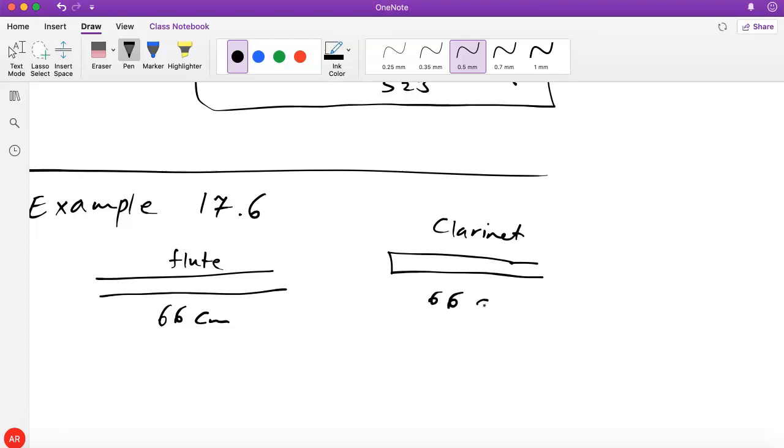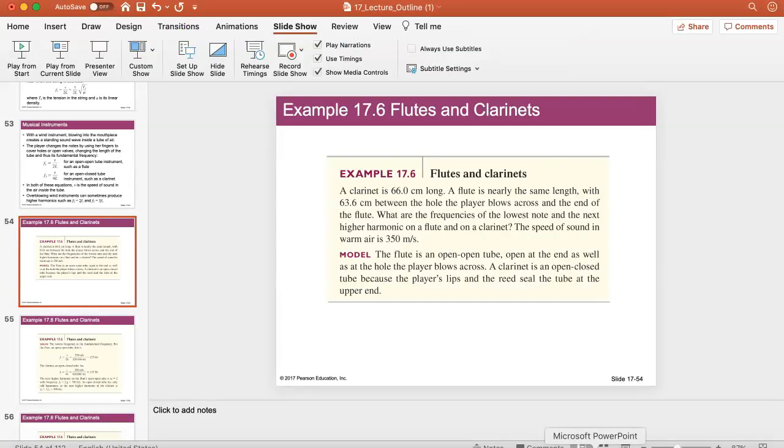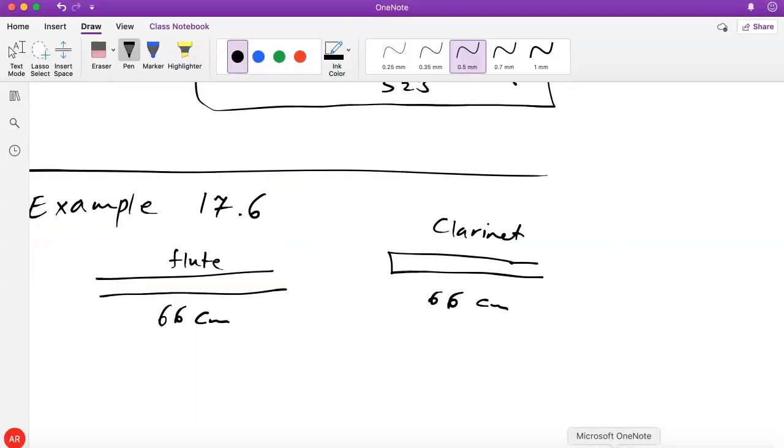That's again 66 centimeters. All right, so we want to know the two lowest frequencies that these two musical instruments play, and we know the speed of air is 350 meters per second. So let's say V is 350.